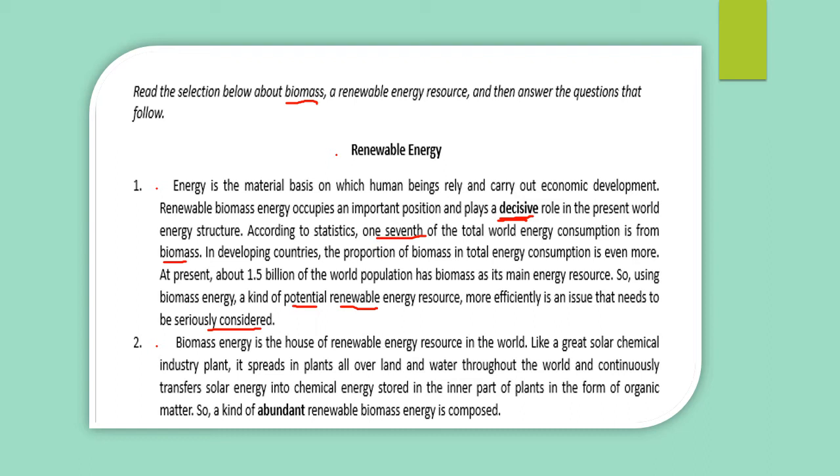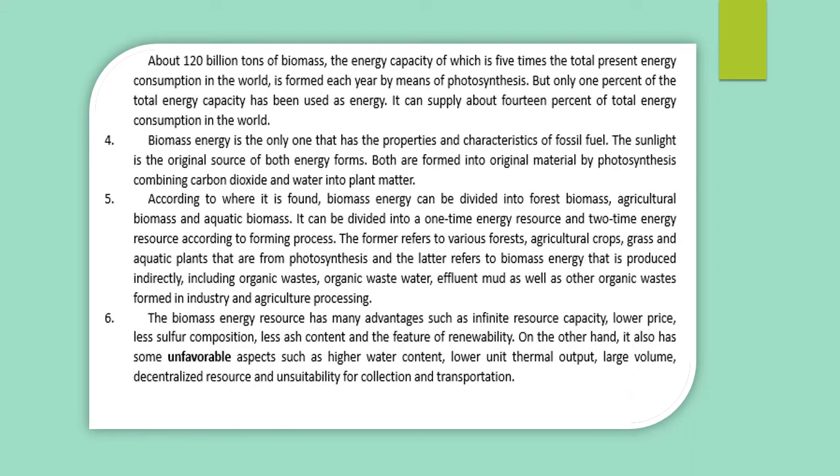So a kind of abundant exists in large amounts. That's what abundant means. Renewable biomass energy is composed. About 120 billion tons of biomass, the energy capacity of which is 5 times the total present energy consumption in the world, is formed each year by means of photosynthesis.